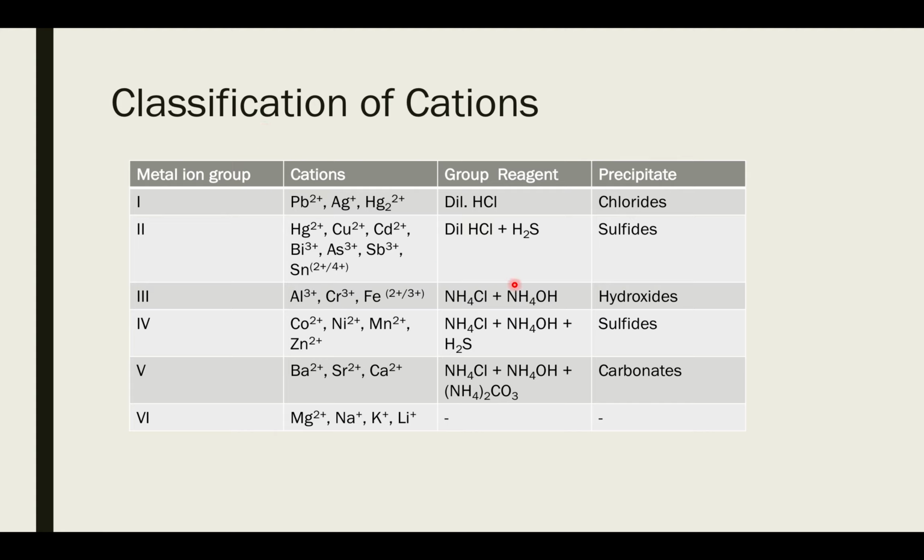If you look into this table, there are two groups in which the group reagent causes the precipitation of sulfides. In the case of the second group and the fourth group, both have their metal ions precipitated by the group reagents into sulfides. So that is what the question is about.